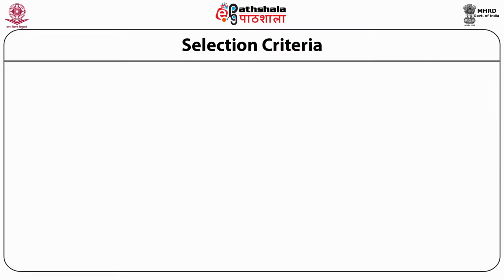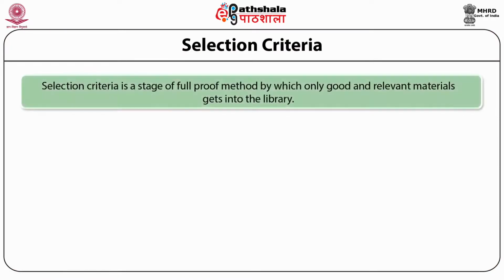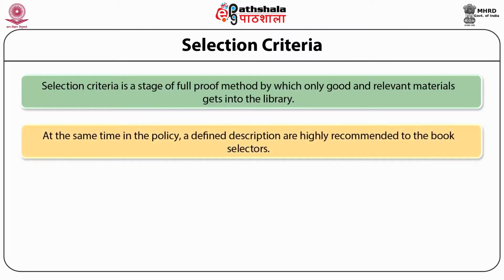Selection criteria is another important aspect. Through these criteria only can we build good collections for the library. Selection criteria is a foolproof method by which only good and relevant materials get into the library. At the same time, in the policy, defined descriptions are highly recommended for the book selectors.